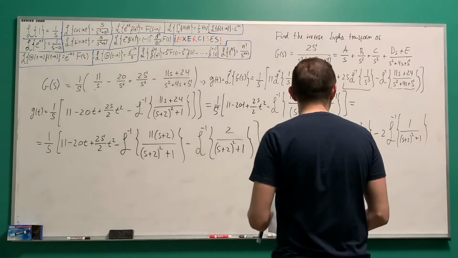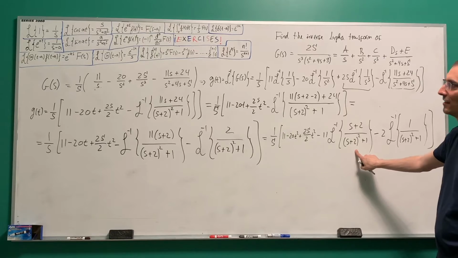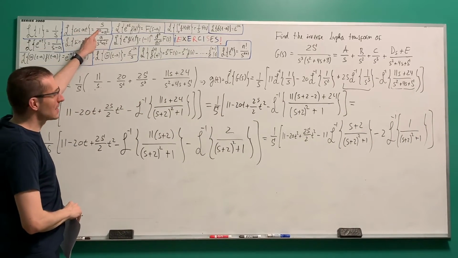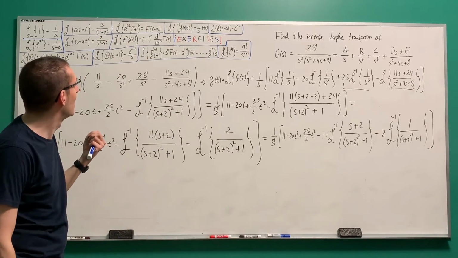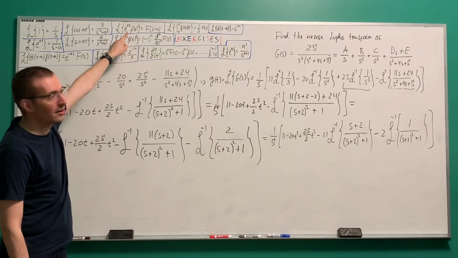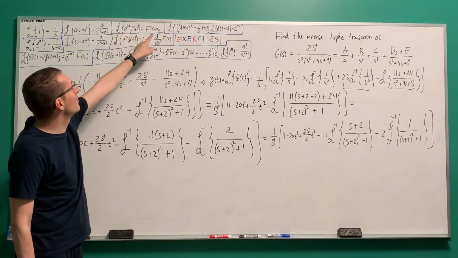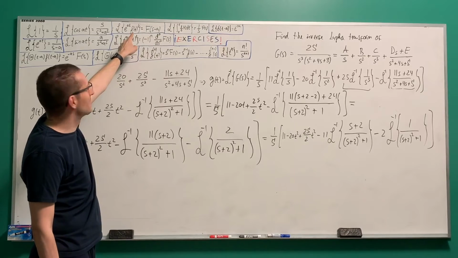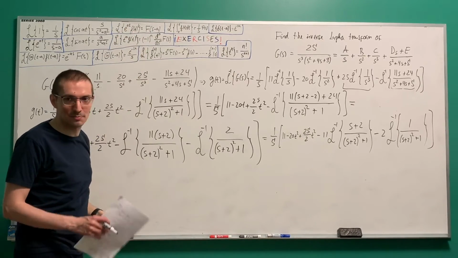Alright, now, this thing looks a lot like the cosine. Look at the cosine. The only difference is that instead of an s, I have an s plus 2. So it's a cosine displaced by 2 units to the left. Aha, but we have here the shift theorem that tells me, if you find one that you recognize, like the cosine, the only difference is that it's displaced by some amount, then the Laplace transform is the cosine that you should have had, but multiplied by the exponential of the displacement.